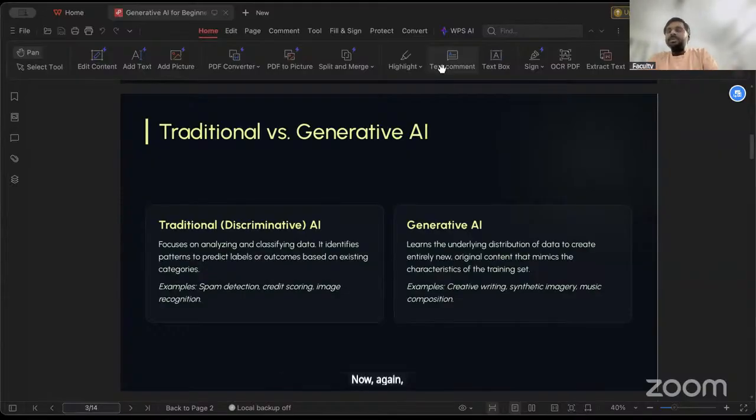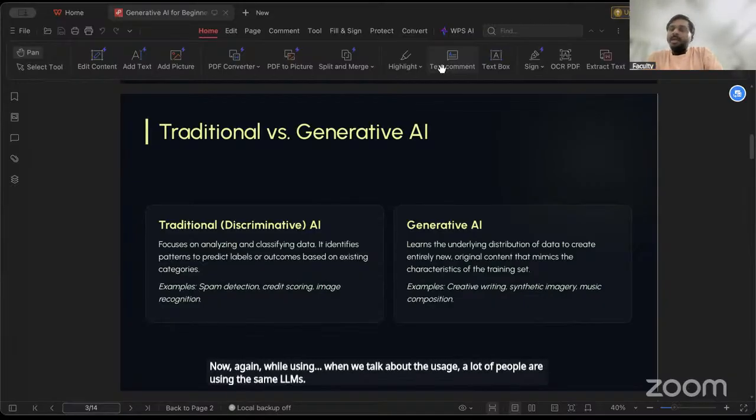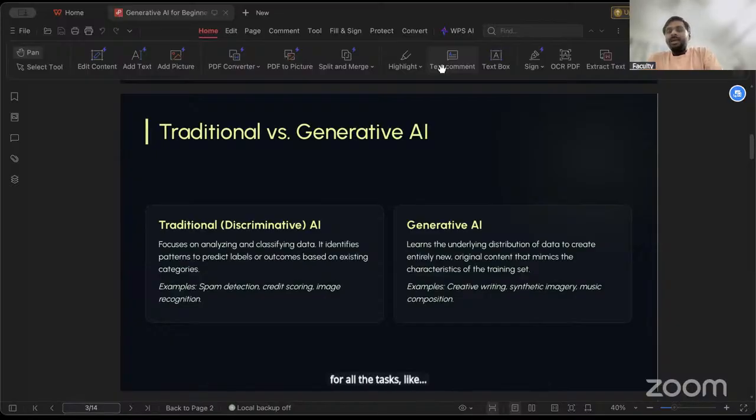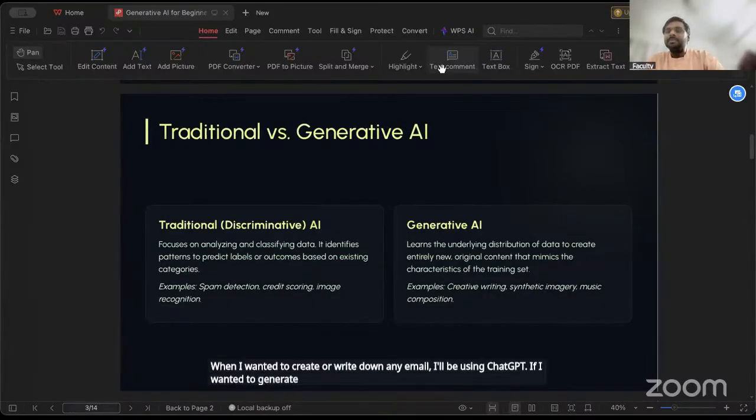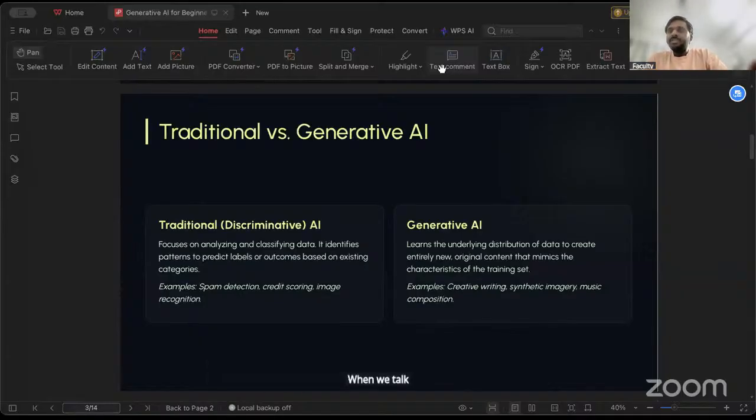Now, again, when we talk about usage, a lot of people are using the same LLM for all the tasks. Like when I want to write any email, I'll be using ChatGPT. If I want to generate a PPT, I will be using ChatGPT. But that is not the correct way of using LLMs.